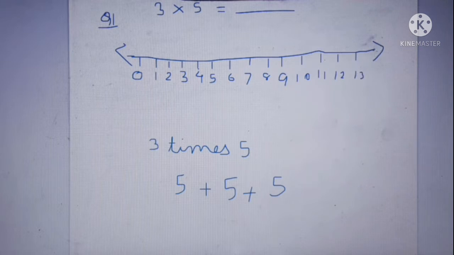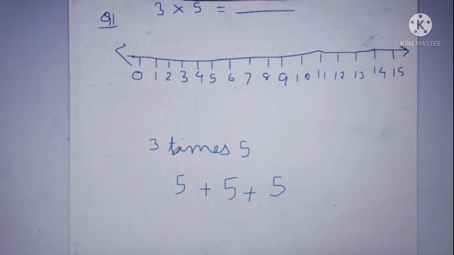More will be required, so I'll just give a more. I'll rub this. 14 and 15. So till 15 we will require. So from 0 to 15 we'll write on a line. So it makes it number line.